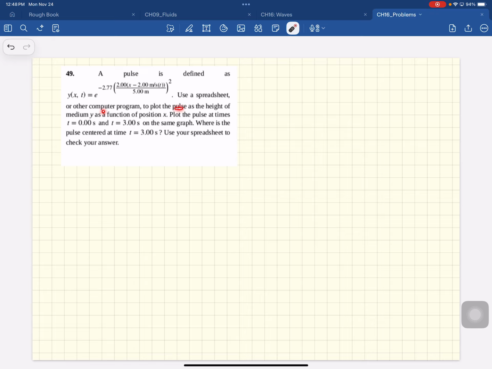So use a spreadsheet to plot the pulse as the height of the pulse. So what is the height of the pulse? The amplitude is 1, so the height at x equal to 0 at t equal to 0 would be e to the power of 0, which is 1.